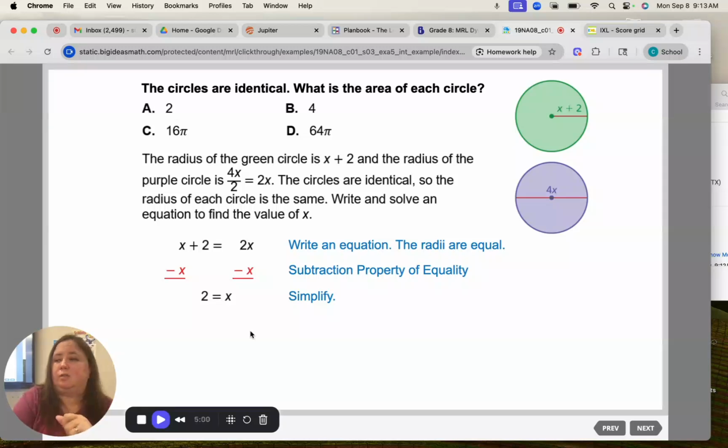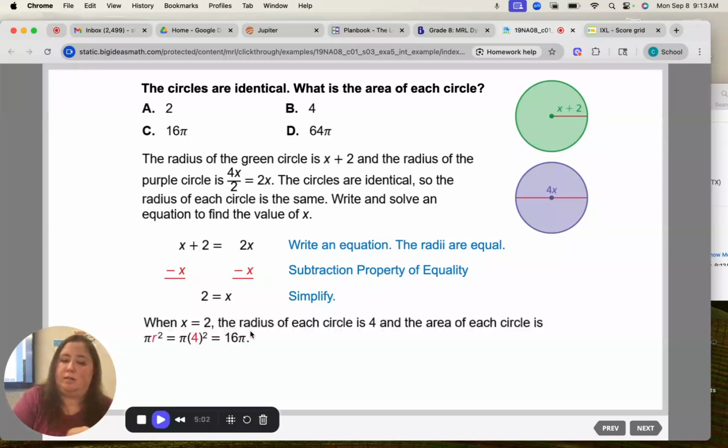Which I can flip around and say, pi r squared. That's the area of a circle that I was trying to get you guys to say out loud. Pi r squared. So this is why we had to solve for r. So what's the radius that we discovered? Well, up here on the green circle, what's our x?